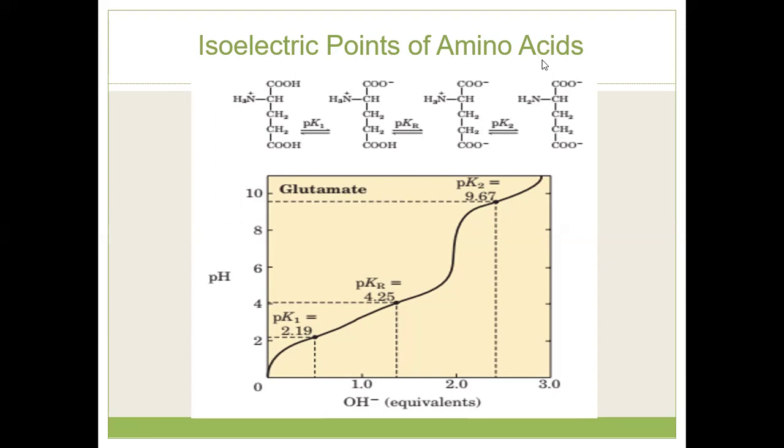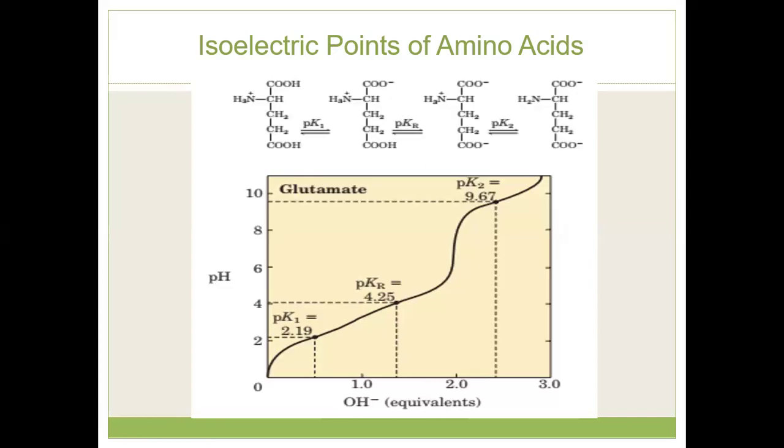Is the pH low enough for that to accept a proton? Is the pH high enough for the carboxyl group to release a proton? So at that pH, it is enough for all of them to exist in ionized form.